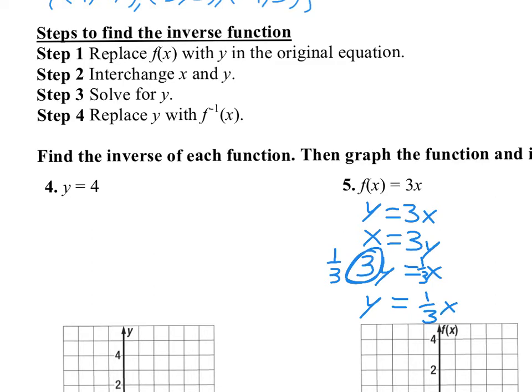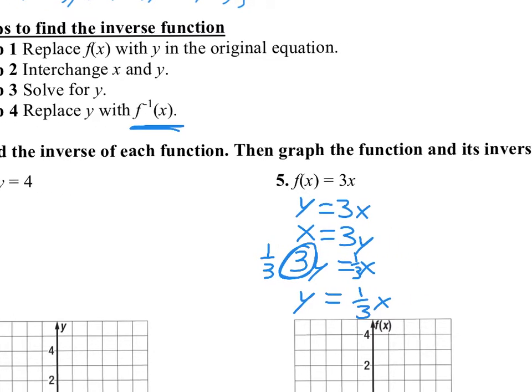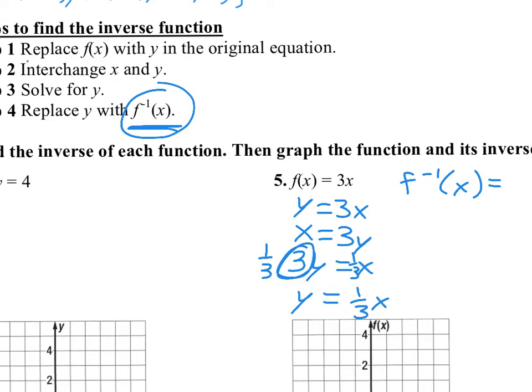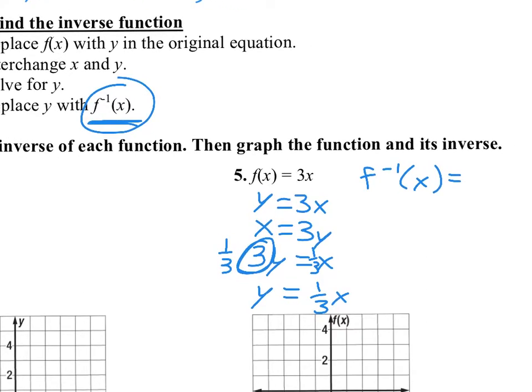And then let's write it in function notation. So the way you write the inverse, it looks like f to the power -1. The way you read this is f inverse of x. So I'm going to write it with f inverse of x equals 1/3 x.